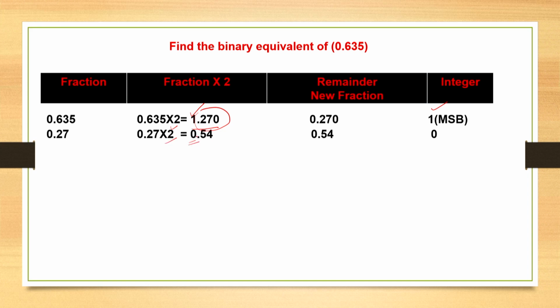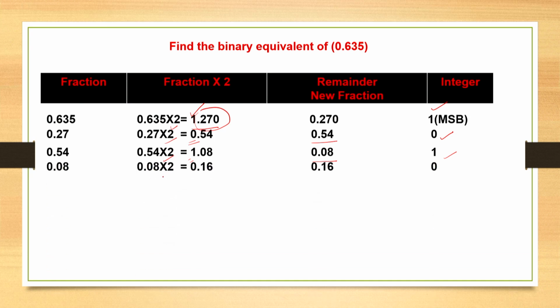Then here it is 0, which will be stored over here, and the new remainder fraction will be 0.54, which will be again multiplied by 2. We obtain 1.08. This 1 will be stored over here, and the new remainder fraction will be 0.08, which will be again multiplied by 2, because here we have to get 0.